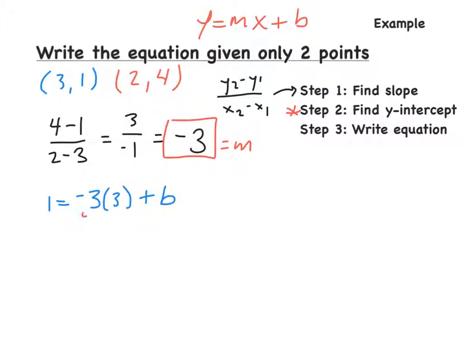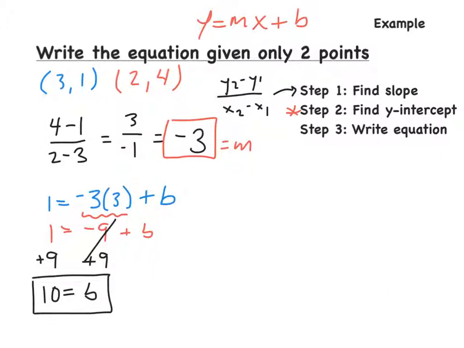So if we solve for b, negative 3 times 3 is negative 9. Bring everything else down. Now we need to get b by itself, so we'll add 9 to both sides. So b is equal to 10.